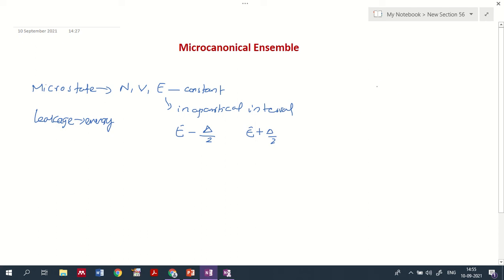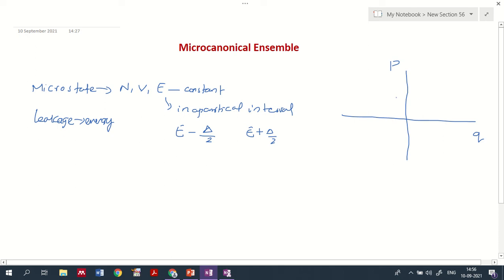By considering that, we also made a phase trajectory, I hope you remember. In the phase trajectory we plot P with respect to Q, that is, the momentum with respect to the coordinate representation. This is what we call phase space.